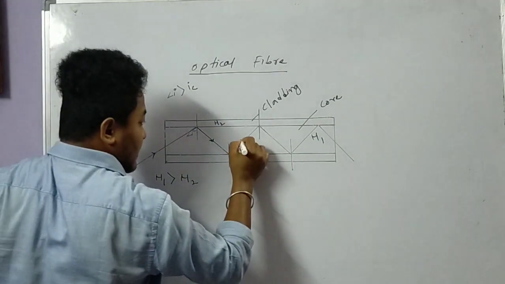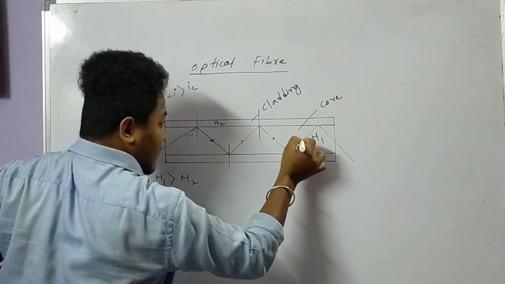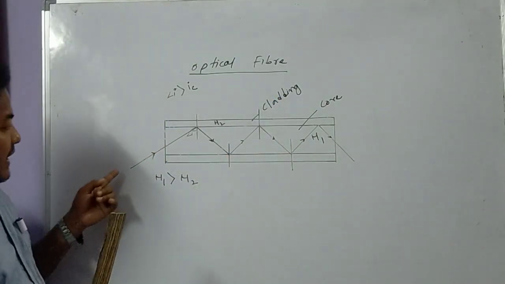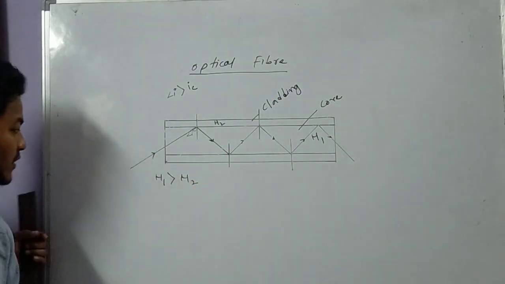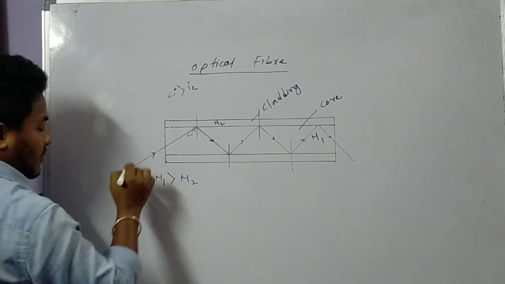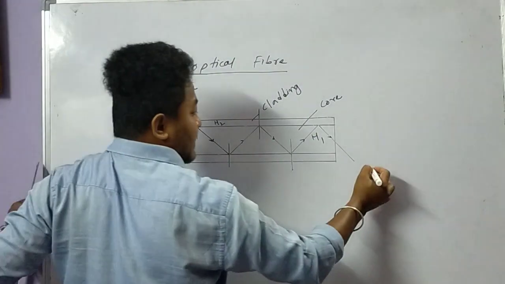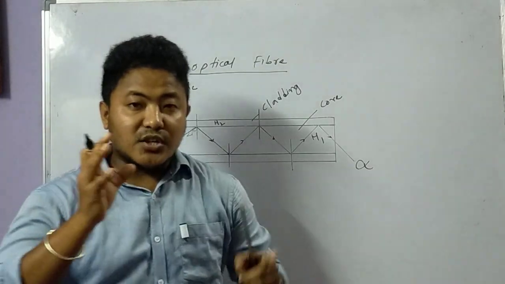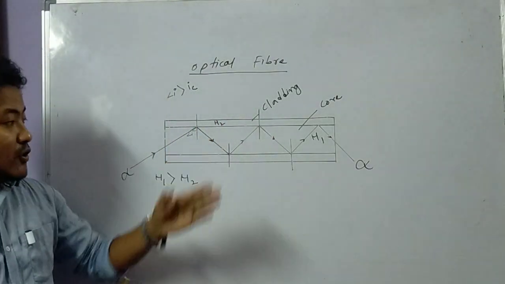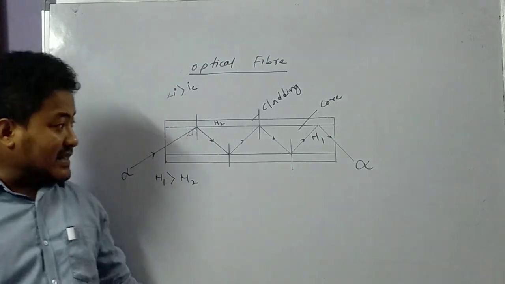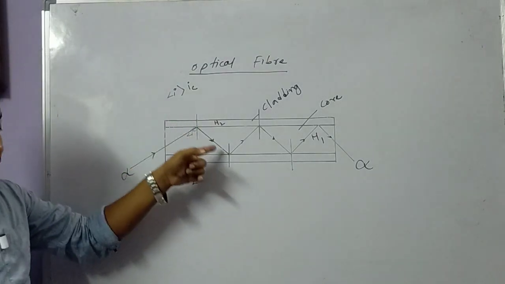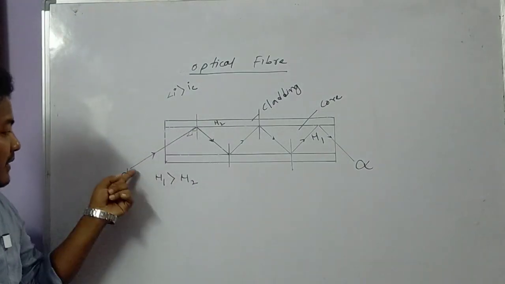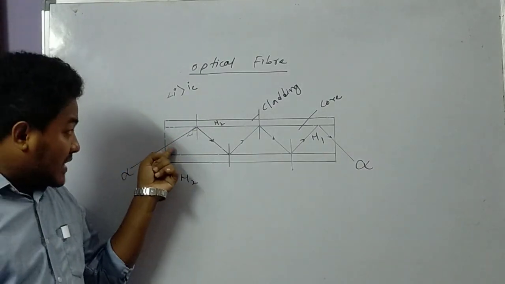Understand that? Like that, total internal reflection takes place inside the optical fiber. Suppose you send some alpha signals from here, and as an outcome you will get the alpha signal. There is no loss of signal and no loss of energy inside the optical fiber, and that is how total internal reflection takes place inside it.